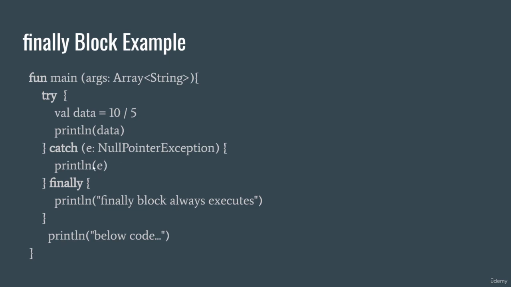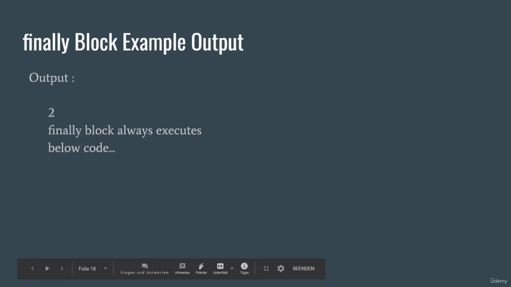If that were to arise, we would print the whole exception. And then we have this finally block, which is executed no matter if the try runs without an error or if it runs with an error, in which case the catch block will be run as well. So either way, our print finally block is always executed, and of course our below code is also executed.